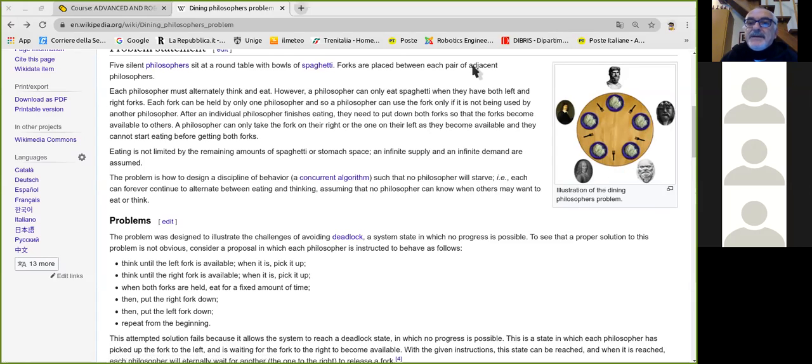Why is this a theoretical problem that is very important? Because it contains inside all the concept of what we call deadlocking. Why deadlock?